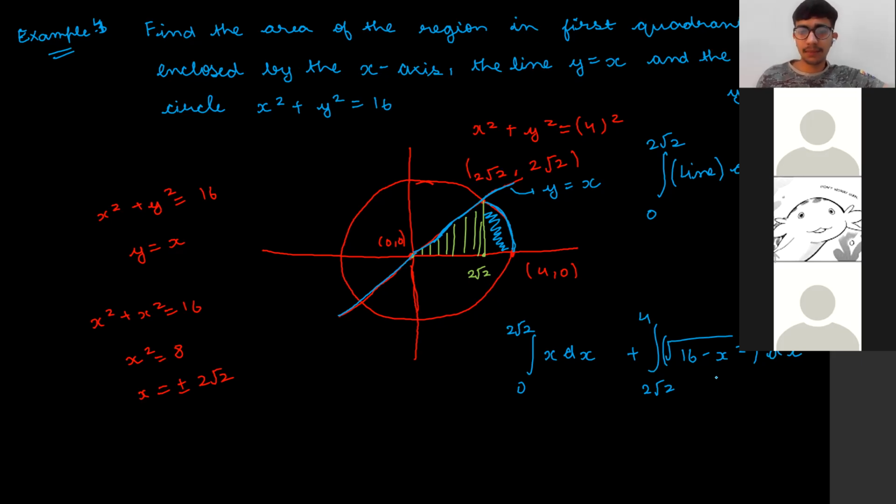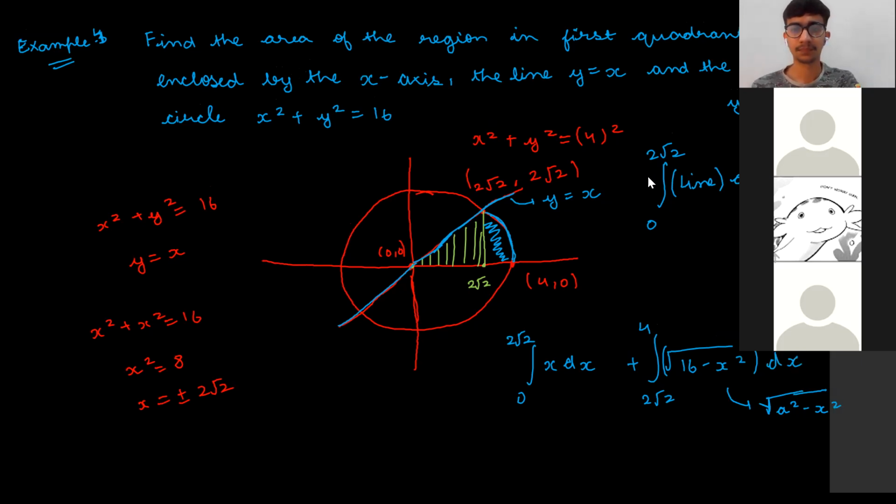So this integral is again from the formula square root of a square minus x square. That will be x by 2 root of a square minus x square plus a square by 2 sine inverse x by a plus c.